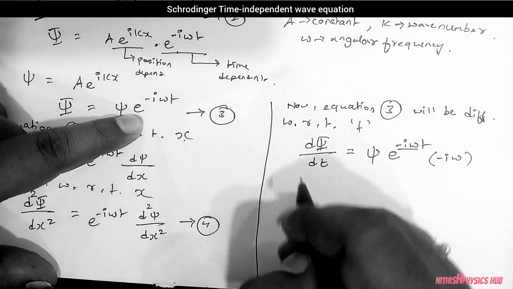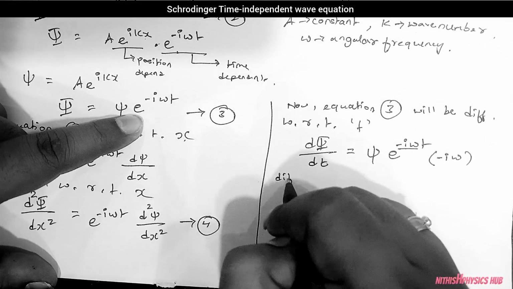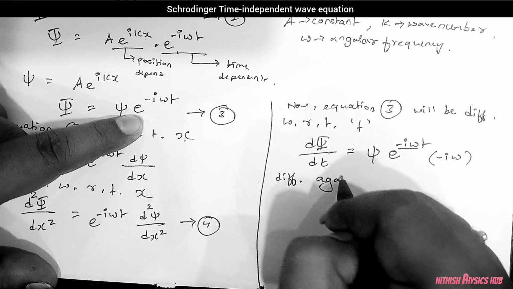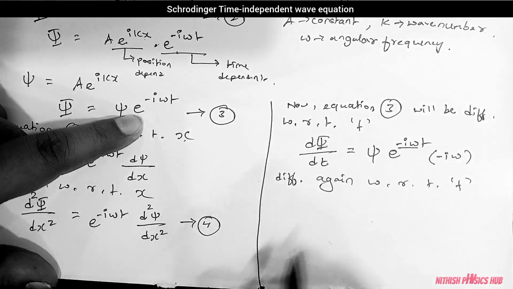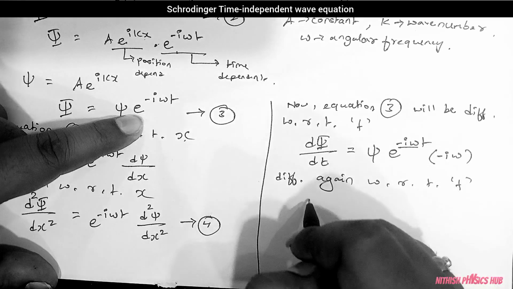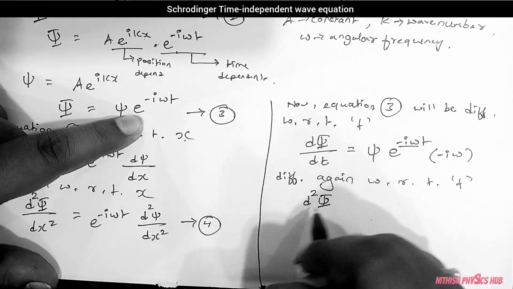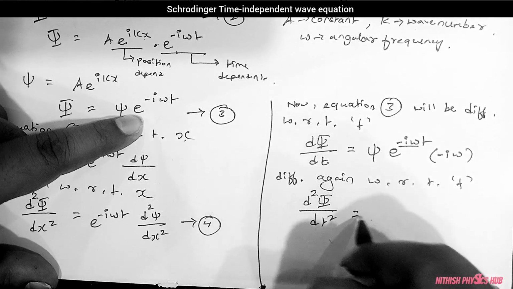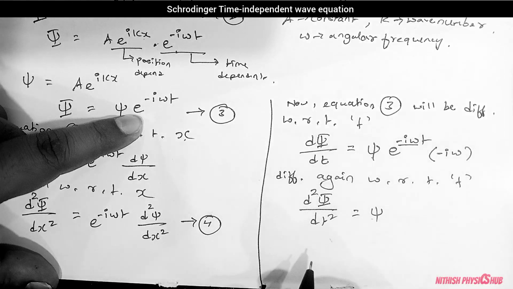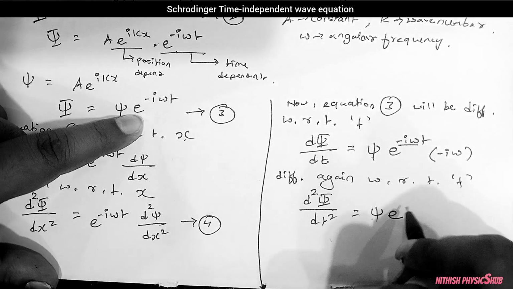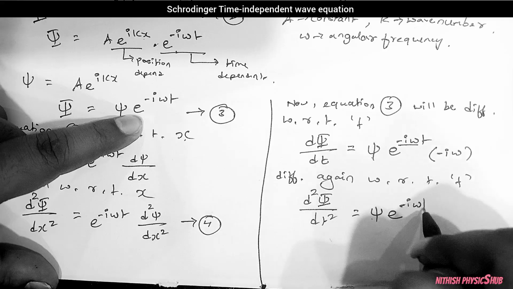So this is the differentiation. Once again, differentiate with respect to time. If you differentiate this term once again, d square psi by dt square is equal to, since psi is a constant now, take it as it is, and e to the power of minus i omega t will be there.